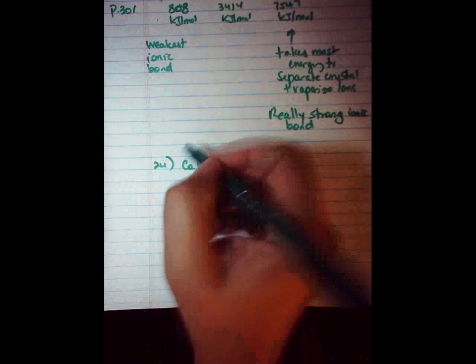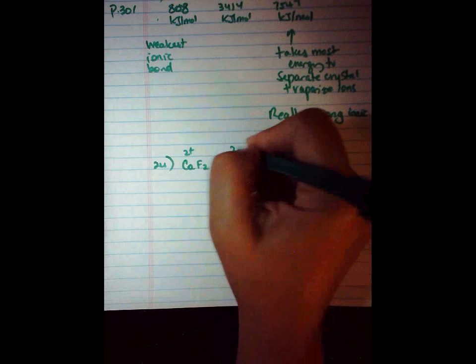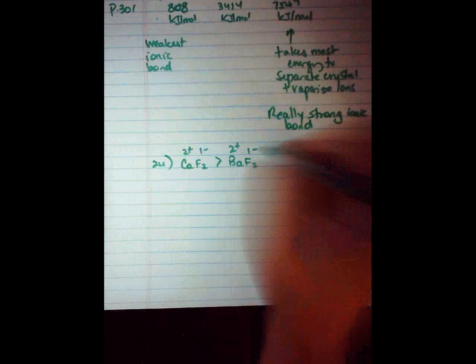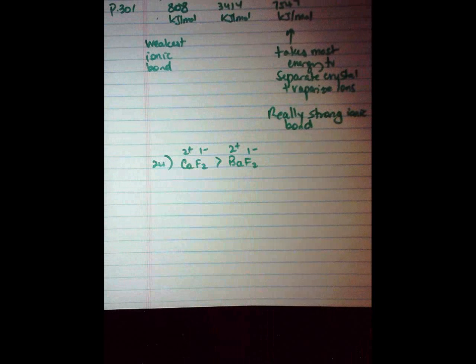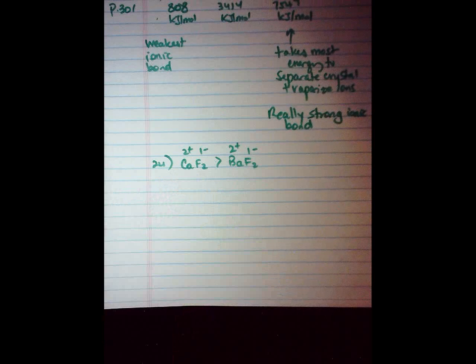Look, calcium's number 20, it has a charge of 2+. Barium is number 56, it has a charge of 2+ as well. All right, fluorine is 1- in both cases. The charge difference is the same in both cases, right? So you can't make an argument that this one has a bigger lattice energy because it's got a much higher charge and the ionic bond is stronger. You can't make that argument, okay? All right, so what is the argument here?